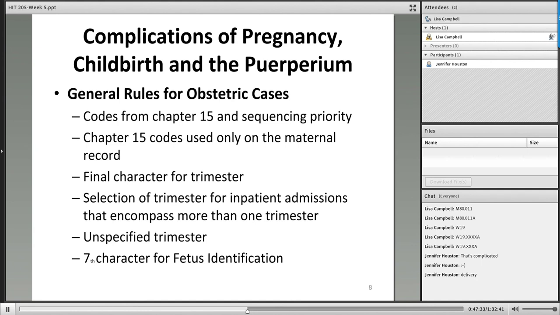Nothing in my brain tells me in order to find Z3A, I need to go behind Z36. So they put that note there just to let you know, hey, if you're trying to find Z3A in the tabular list, it is following Z36. That makes sense, Jennifer?